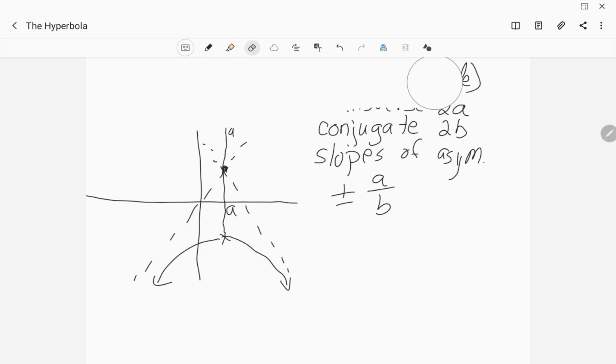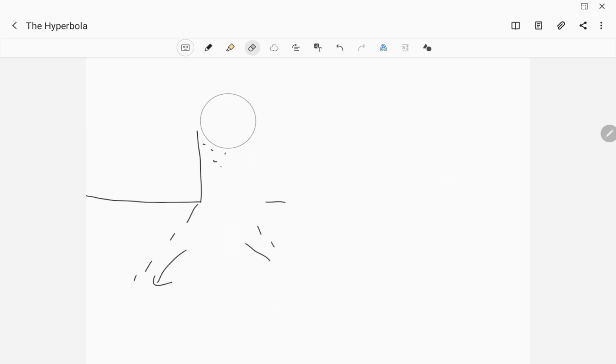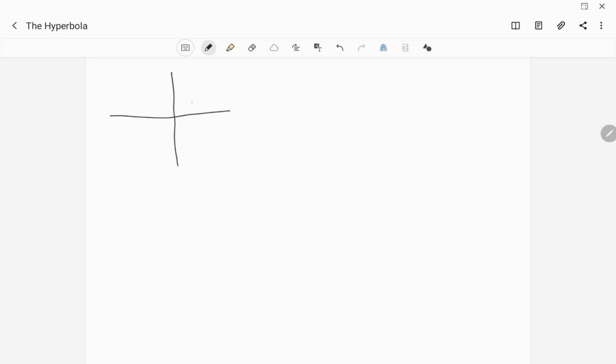So I'm giving you all the theory first before we do any of the questions, because I find with a hyperbola there's a lot of theory. So if you have a hyperbola where there's your center, there's your vertex, it's opening side to side, okay? And there's your asymptotes.